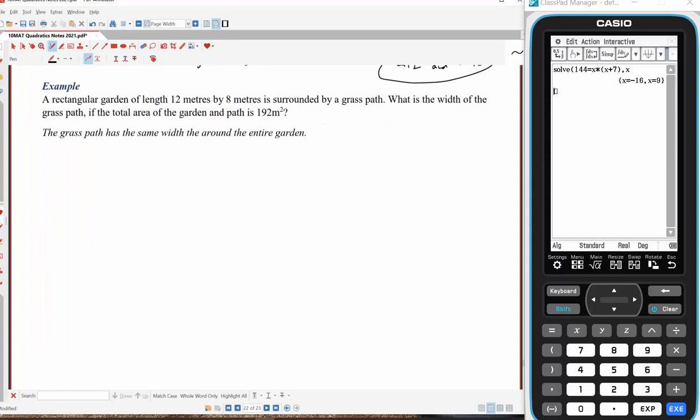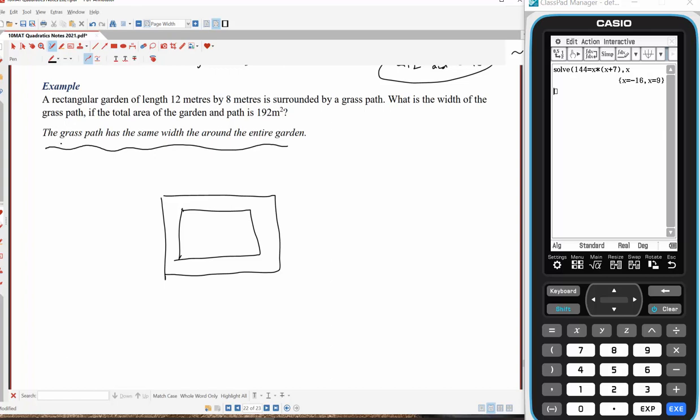Okay, this time around we've got a rectangular garden of length 12 meters by 8 meters surrounded by a grass path. So there's our rectangular garden, and here is our grass path. Noting that I've just looked ahead, the grass path has the same width around the entire garden.